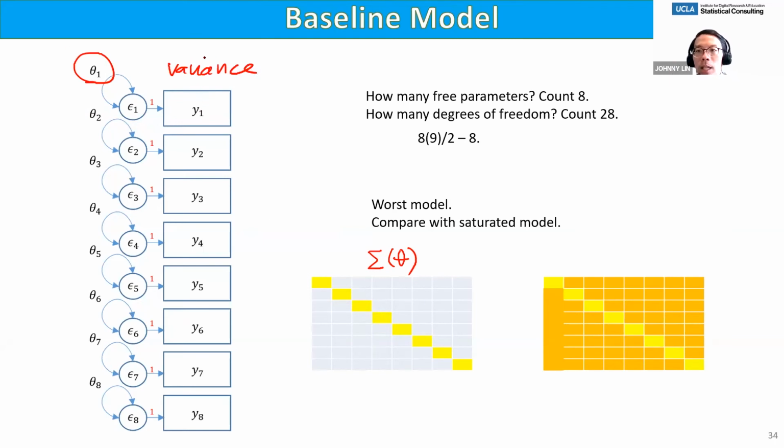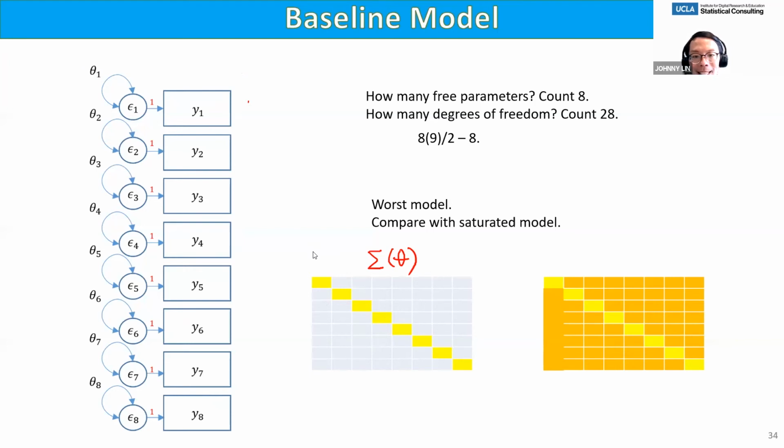Okay. And what are we doing with these? We're basically estimating variance of y1, variance of y2, all the way down to variance of y8. Do you see covariances in this diagram? No covariances, right?